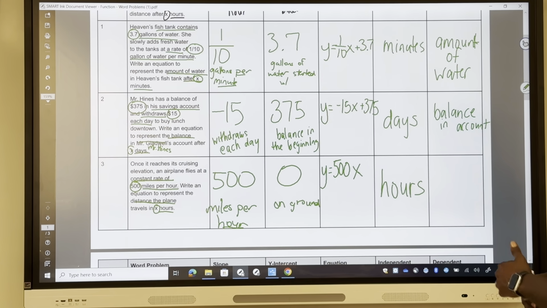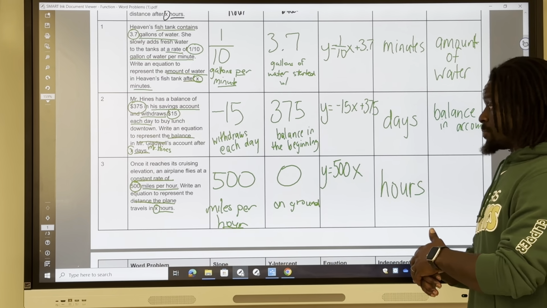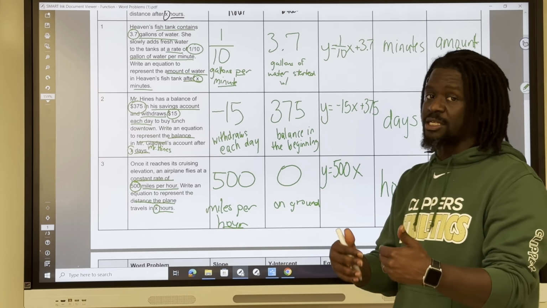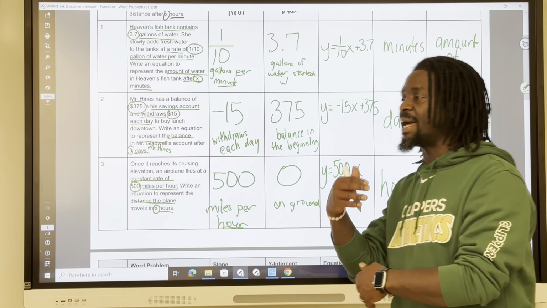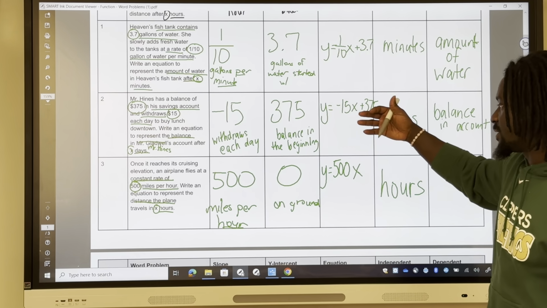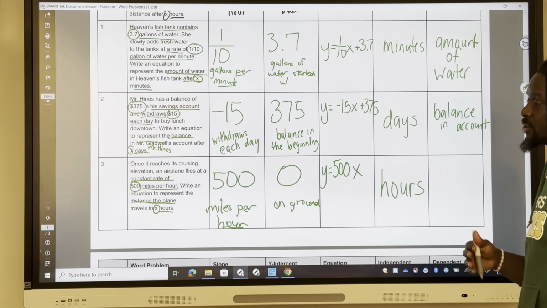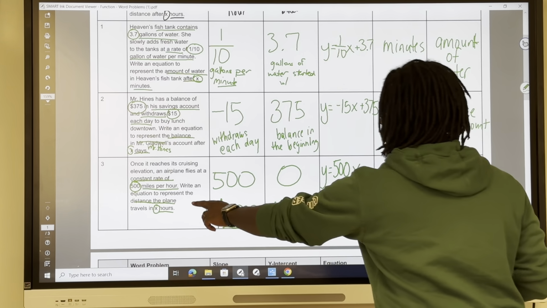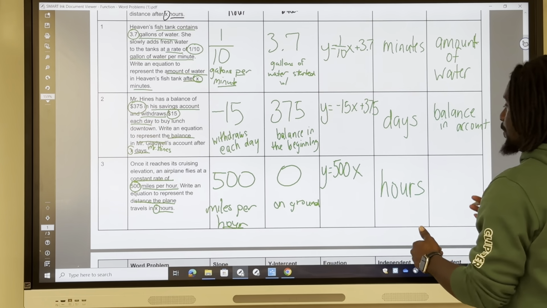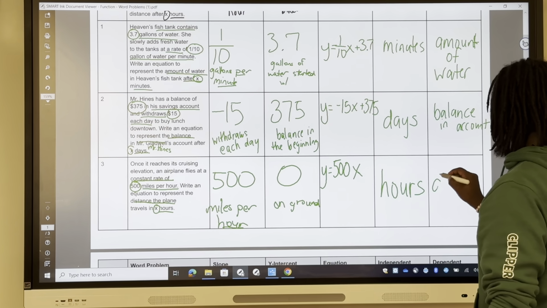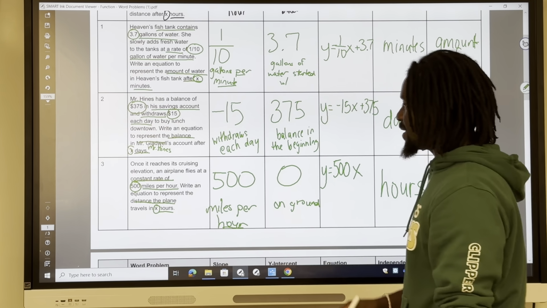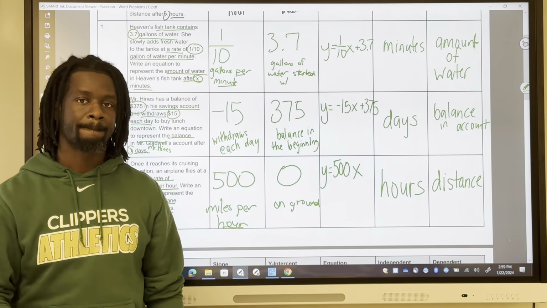And so after a number of hours, all right, what changes as a result of time going by? It is the altitude, or it's the distance that the plane is flying. So the dependent variable, what depends on the number of hours, is the distance. So in this problem, it is the distance.